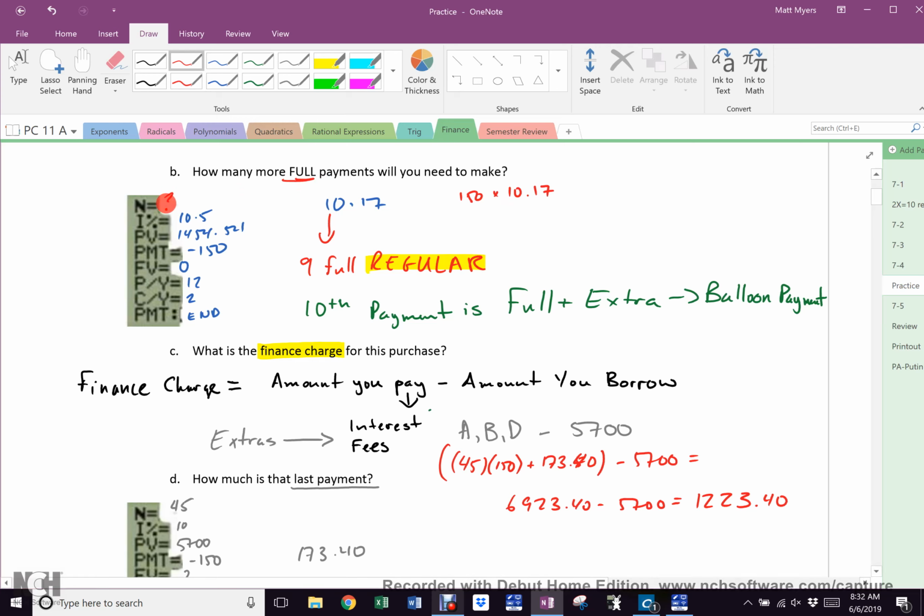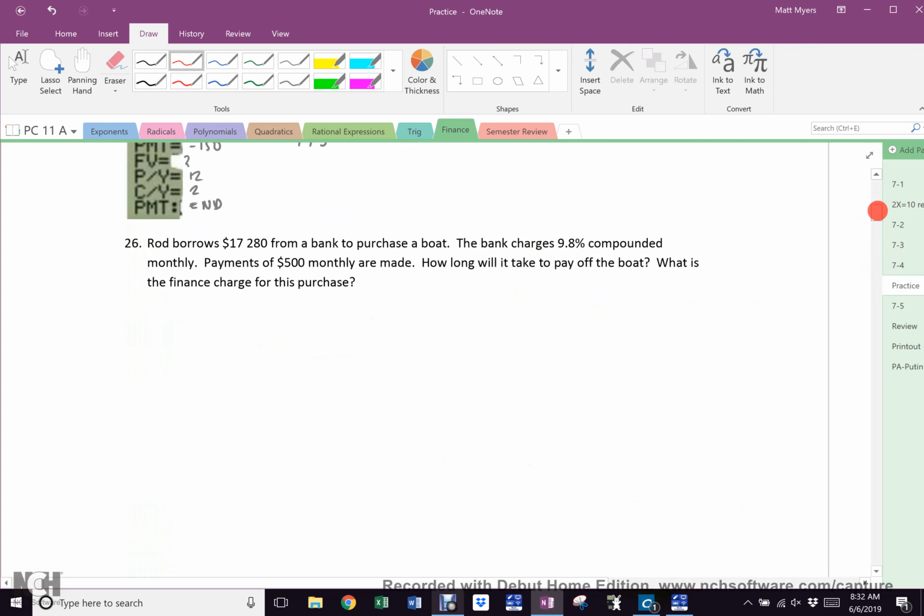This was the question mark here. Because we knew we had $1,454 left after we made 36 payments. So our current present value was that, and we were shooting for 0. So we needed to make 10.17 payments. Everybody good?